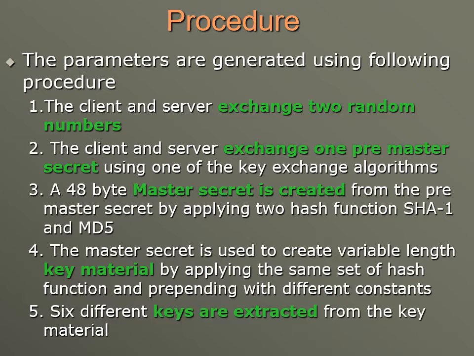The last step is that the master secret is used to create variable length key material by applying the same set of hash functions and prepending it with different constants. Then from that, the 6 different keys are extracted from the key material. Let us understand it with the help of a figure.